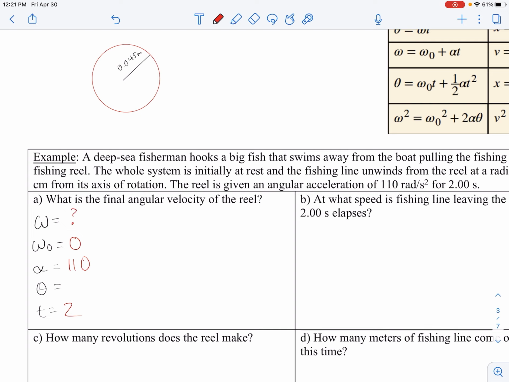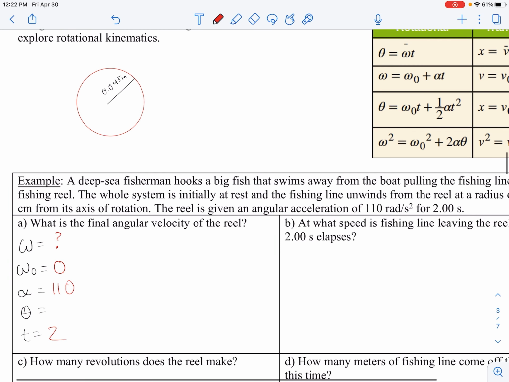In this case, we're trying to figure out the final angular velocity. So, once again, just like in kinematics, we don't need the rotational angle. So we're looking for a formula that has these 4 variables: angular velocity final, initial, acceleration, and time.